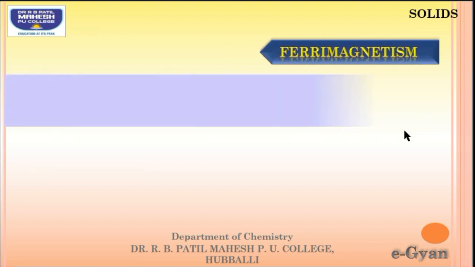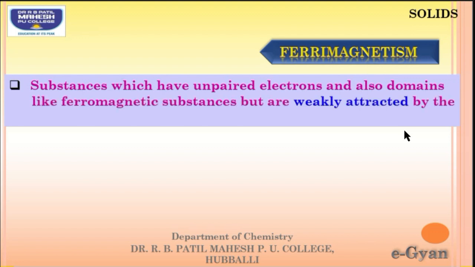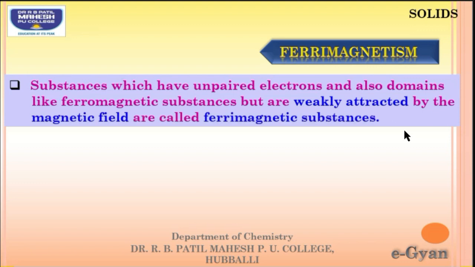And ferrimagnetism. These are substances which have unpaired electrons and also domains like ferromagnetic substances, but are weakly attracted. Ferromagnetic substances are strongly attracted, but here we have unpaired electrons, and they should act as ferromagnetic, but they are weakly attracted.